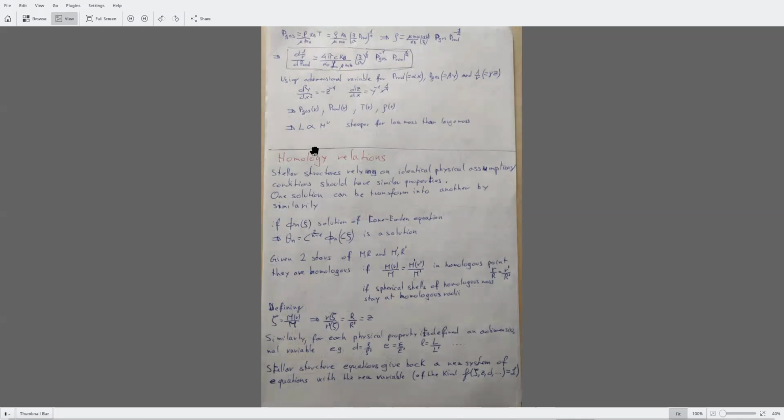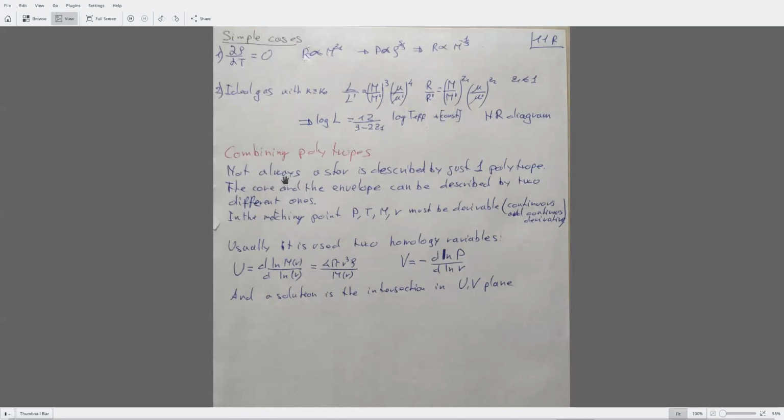And okay, just a mention about the homology relations and combining polytropes to understand a little better how you are modeling a star. It's not that you have this result and you calculate all the solutions one by one. You can create one solution and try to see how to propagate it to different cases.